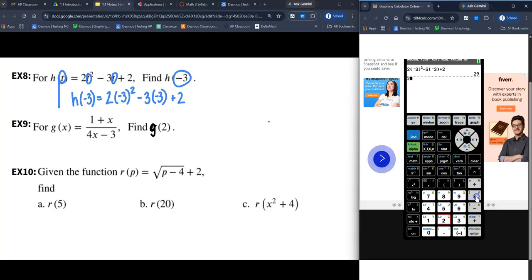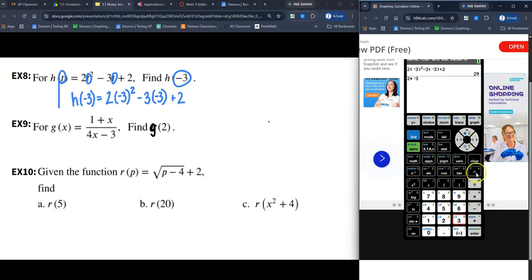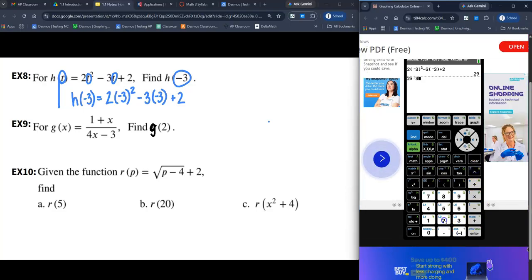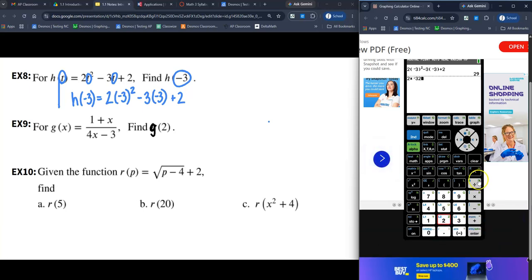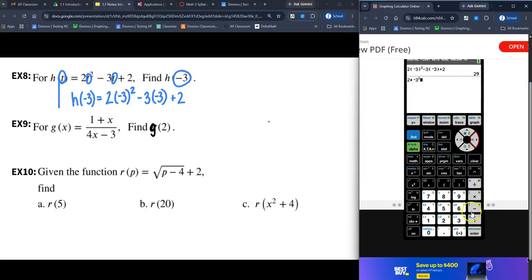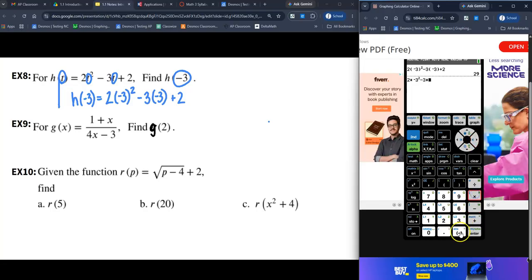Like if you just do 2 times -3 to the second. What's it doing? You'll get the wrong answer.